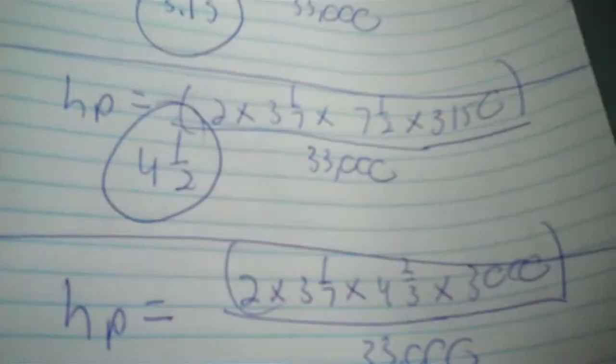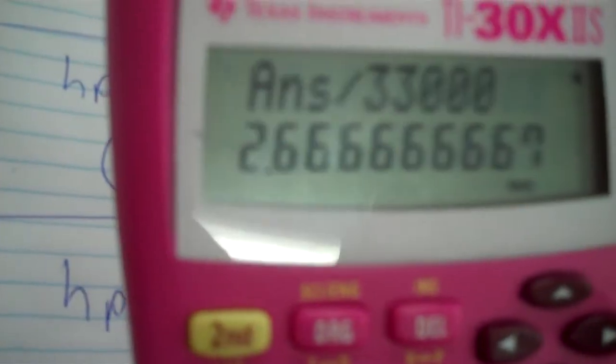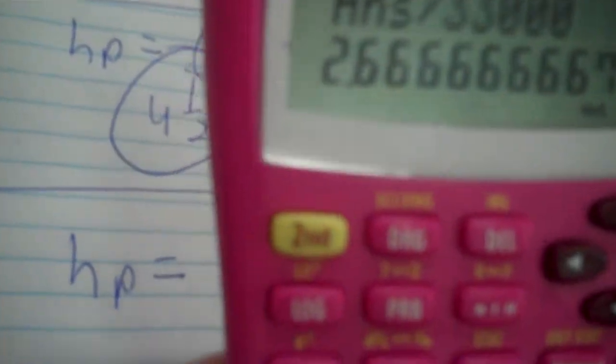Okay, so we have 2 times 3 1/7 times 4 2/3 times 3,000. 88,000 divided by 33,000. Now, if you wanted to convert that into a fraction, you can go second, PRB equals, and that's 2 2/3. Okay, and that's how that's done.